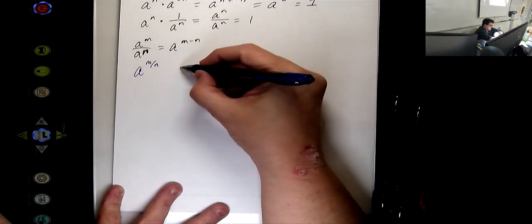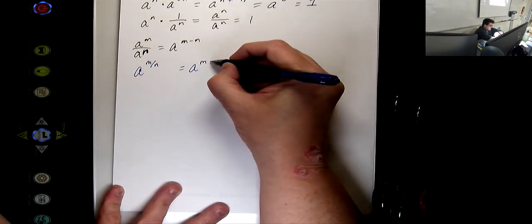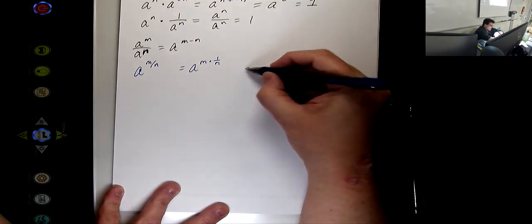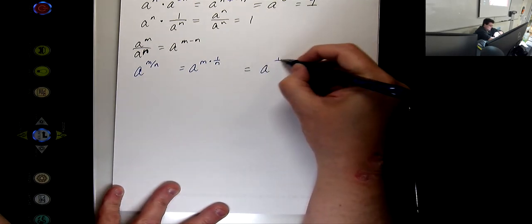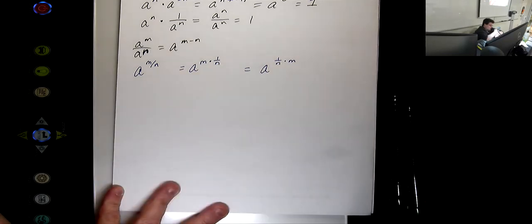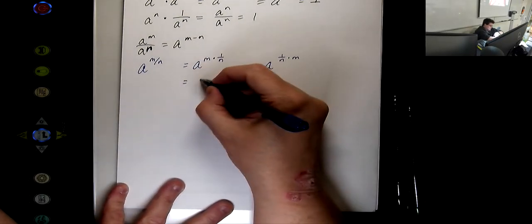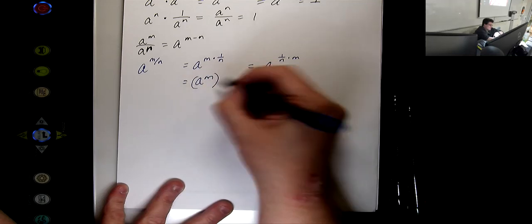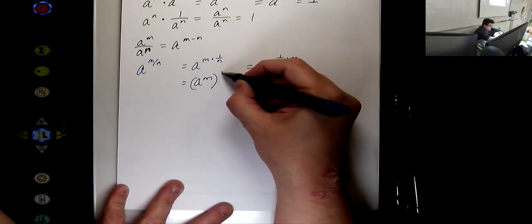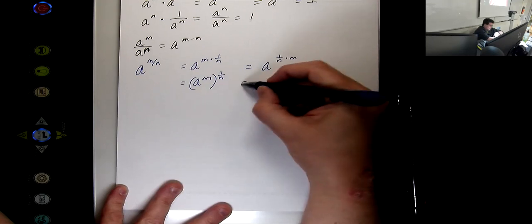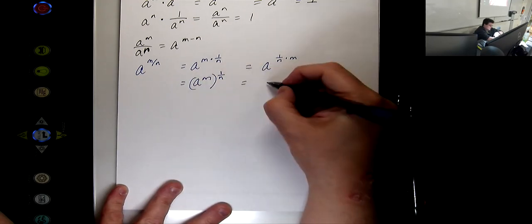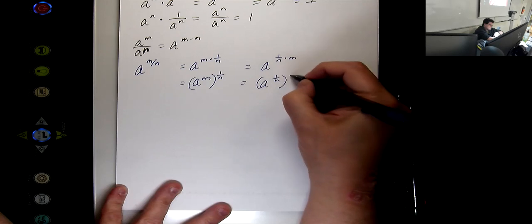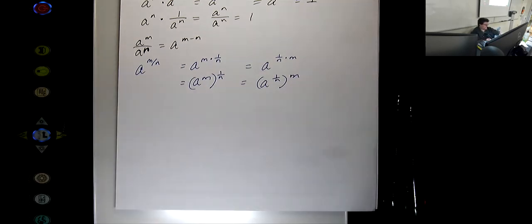This is the same thing as saying a to the m times 1 over n, or a to the 1 over n times m. So I'm changing the order a little bit. When we have exponents multiplied, it means they're coming in this form, where they have an exponent outside the parentheses. A to the m is just a to the m.